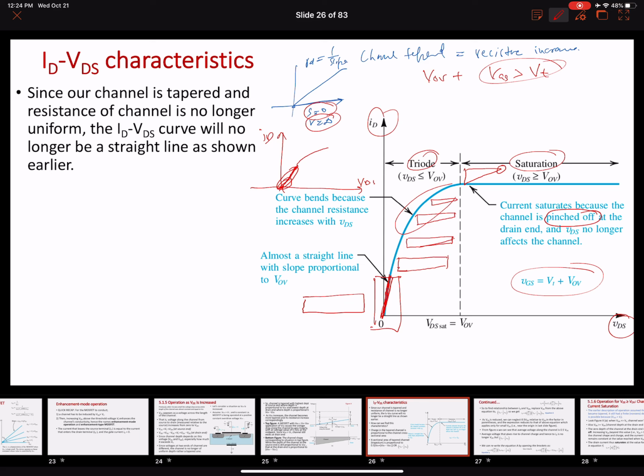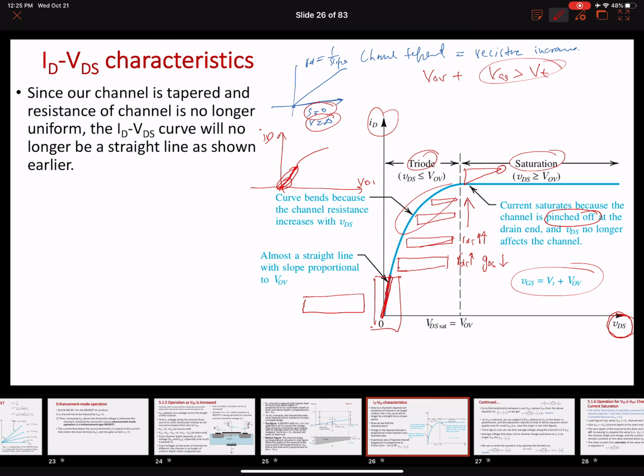So this is exactly what is happening. As we are increasing the value of VDS, our tapering is increasing, our resistance is increasing, our transconductance is decreasing. Similarly, RDS is increasing more, and GDS is overall decreasing.